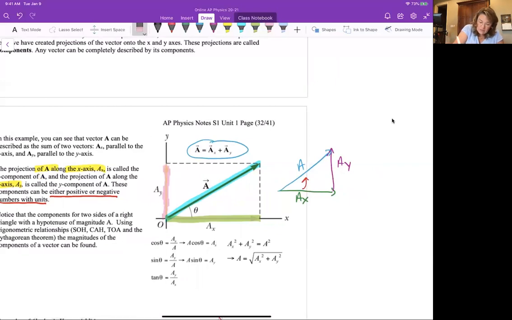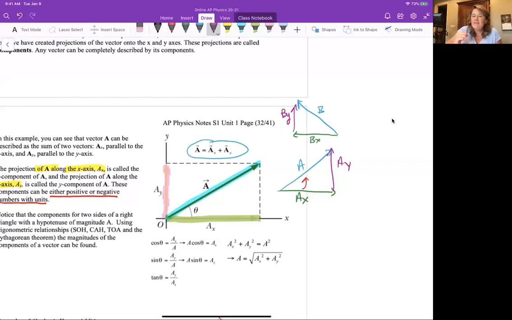Okay, so now let's draw vector B exactly as vector A, but just in a different direction. And then let's draw its components. So its reflection on the x-axis, its reflection on the y-axis. And notice that this B vector has a negative x component.